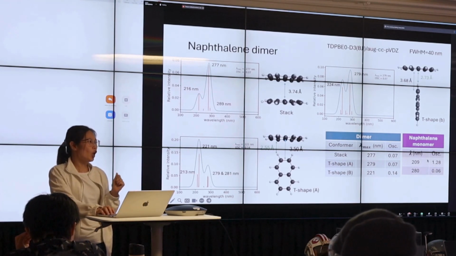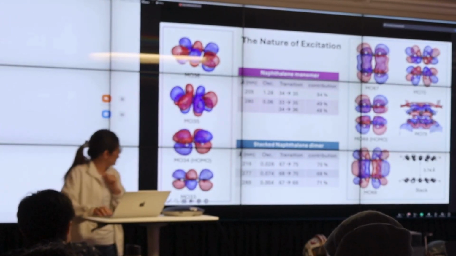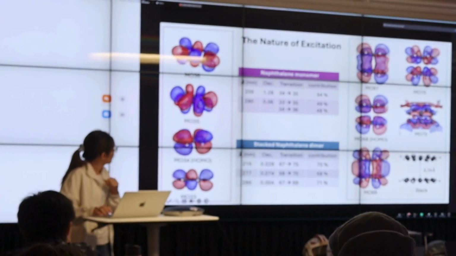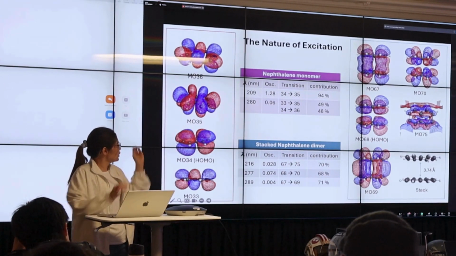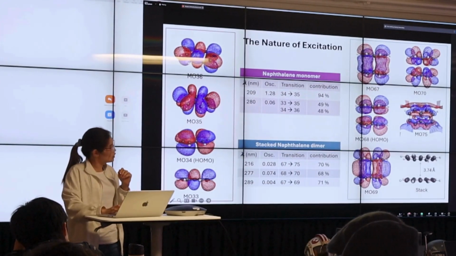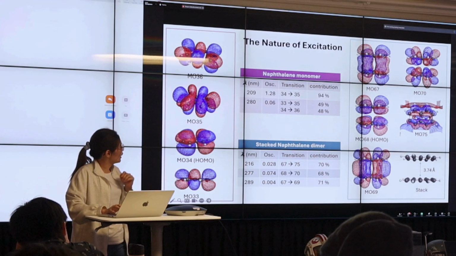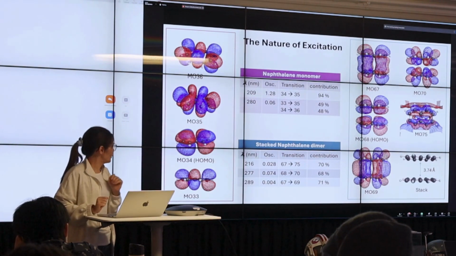Looking closely at each dimer, the character of the transition for the stack shows a strong interaction, an MO overlap between the two monomers.